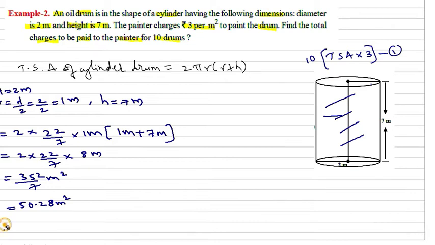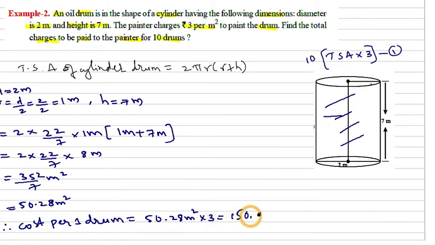Now the cost per 1 drum is equal to 50.28 meter square into 3 rupees, which is equal to 150.84 rupees.